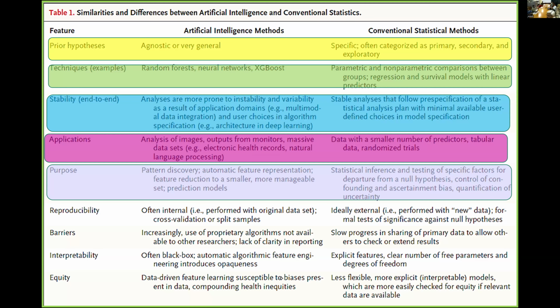But if you look at application of AI, they just get massive amounts of data and just make some interpretation of it. There's no concept of having a hypothesis and rejecting a null hypothesis.